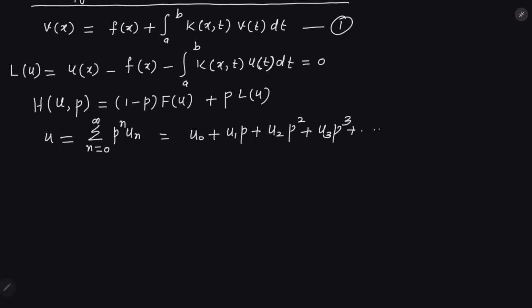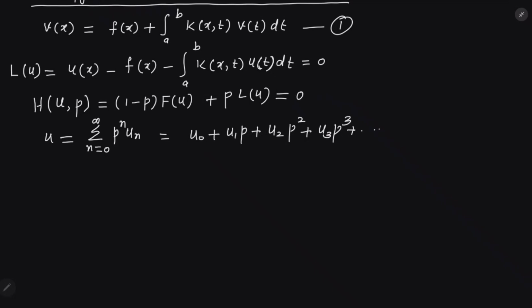And we know from our previous video that we get u0, u1, u2, and u3 from this equation, and remember that we also need to put this equal to 0.